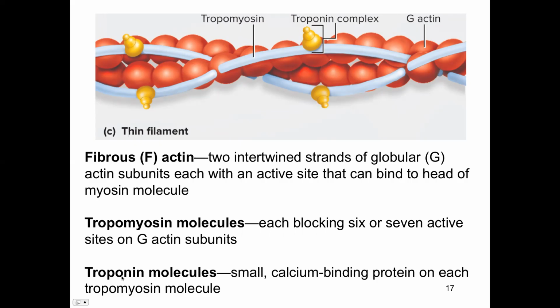When calcium binds, that positive charge causes the troponin to change its shape. And when the troponin changes shape, since it's bound to tropomyosin, the tropomyosin also changes shape. And when it does so, it will reveal the binding site, or the active sites on the actin that allow for the binding of myosin.